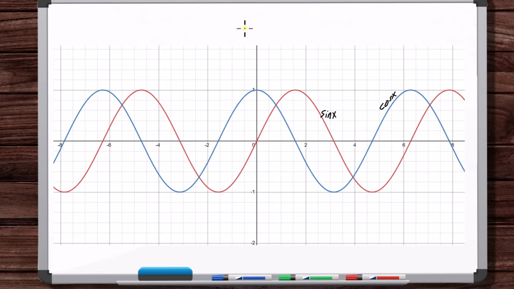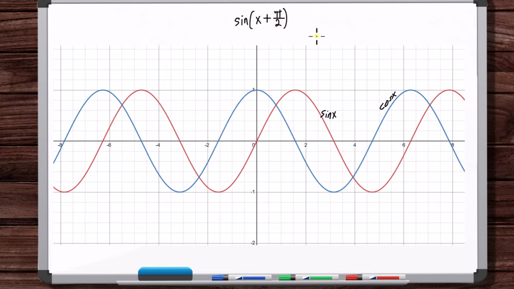Does that mean this? If I take the sine graph and I want to shift it to the left, in the negative direction, I add next to the x variable, since I'm shifting it horizontally, pi over 2.